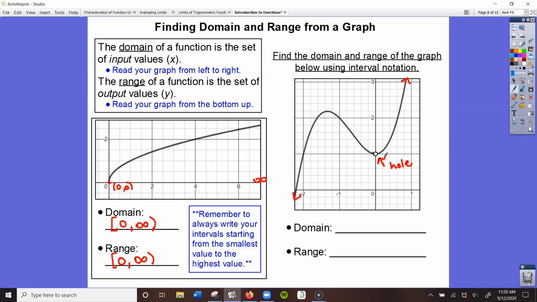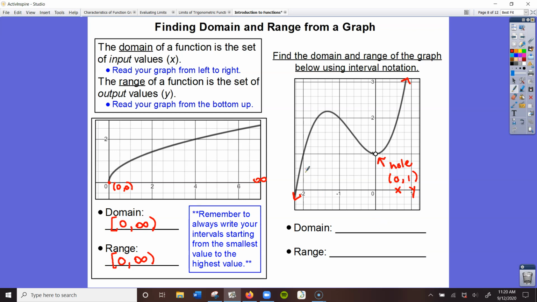This hole means that there is nothing there, and that is the coordinate 0, 1. Now I'm writing this down to show you that this x value will need to be excluded from the domain since it is undefined, and this y value would need to be excluded from the range since it's undefined.